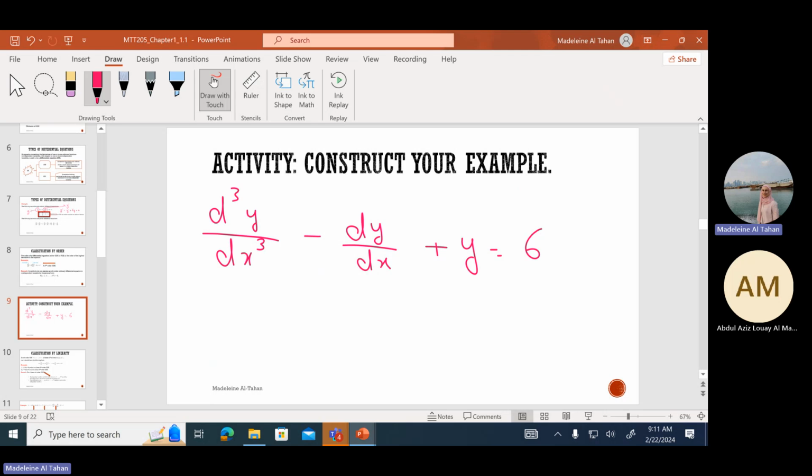This is the same as saying y triple prime minus y prime plus y equals 6. Again, it's a relation between the derivatives of y, so it is an ordinary differential equation. Do we agree? Okay, we know what's meant by an ordinary differential equation. So again, to be an ordinary differential equation, it means that the relation is between y and its ordinary derivatives.